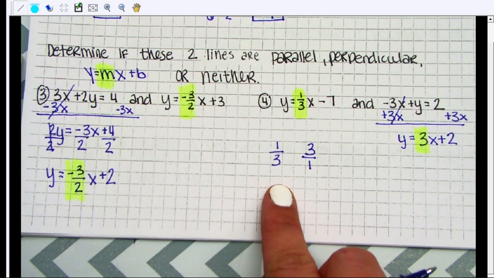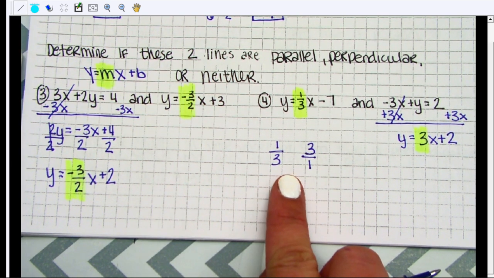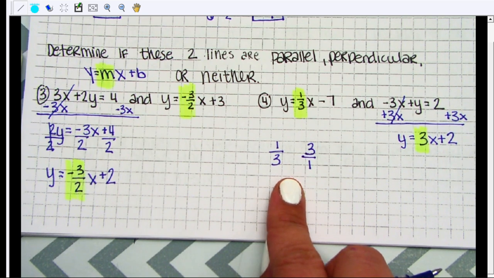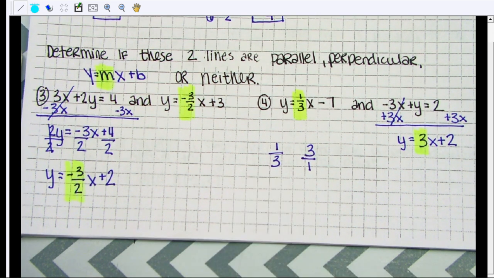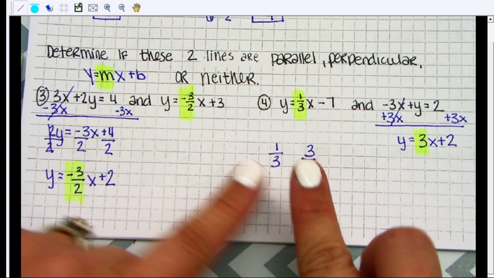Okay, are these slopes opposites or reciprocals of each other? What does reciprocal mean? Yeah, flip, reflect them. Opposite, the term opposite means what? Different signs. Are these different signs?